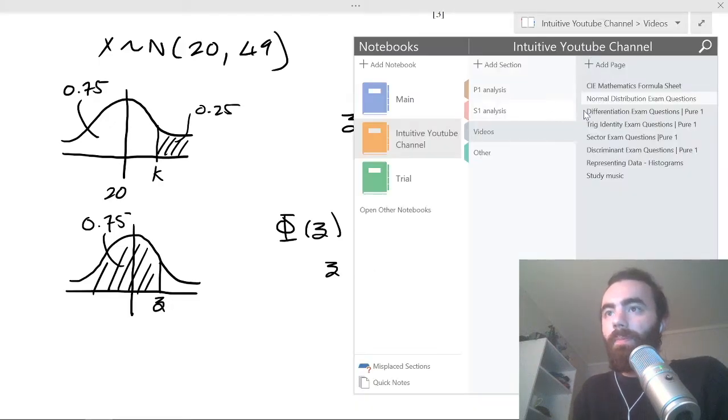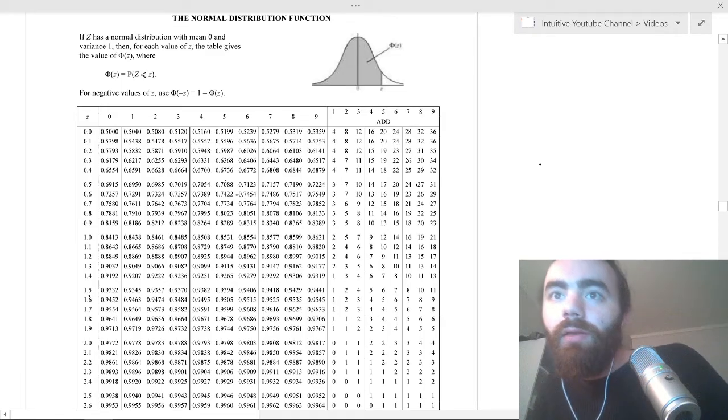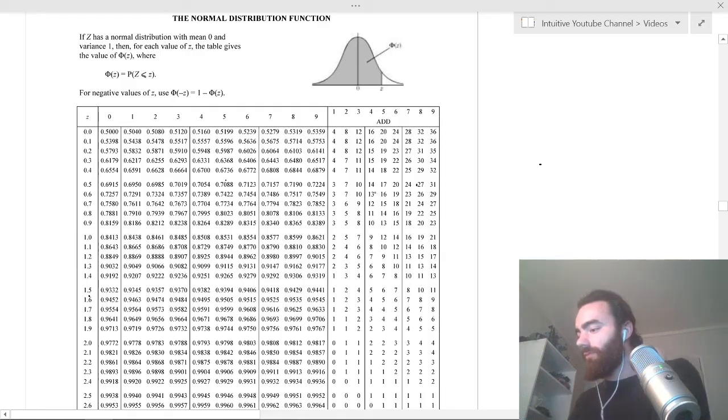We look for what z value gives a probability of 0.75. We have 0.7486 here, plus 13, so that's 0.674.